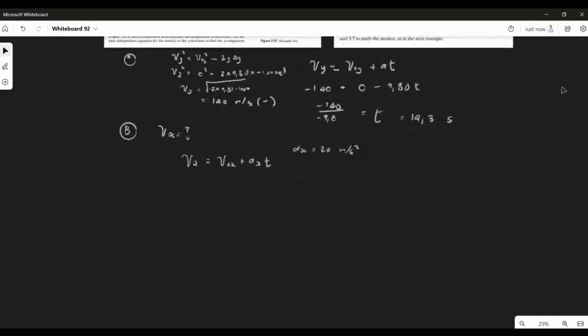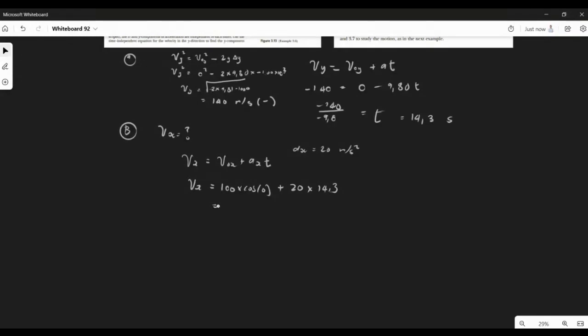Okay, so once you have the time, all we can do is take this value and throw it back into this equation. So we know Vx is equal to the velocity, that is 1.00 times 10 to the power 2 times cos of 0, because it's at 0 degrees, plus 20 times the 14.3.